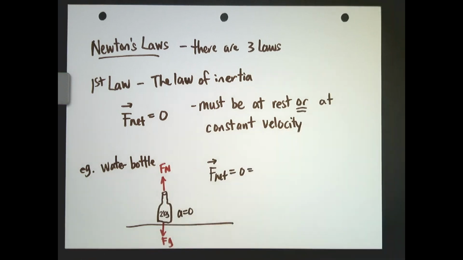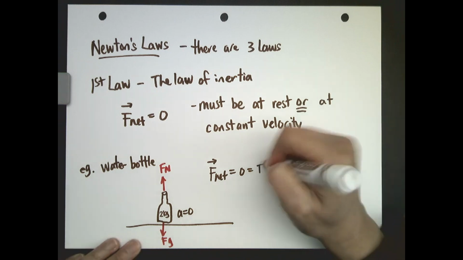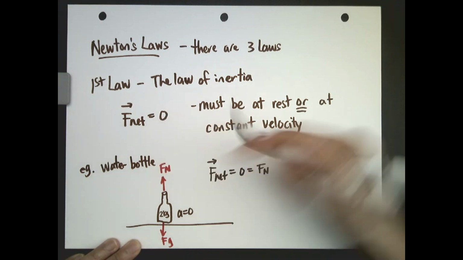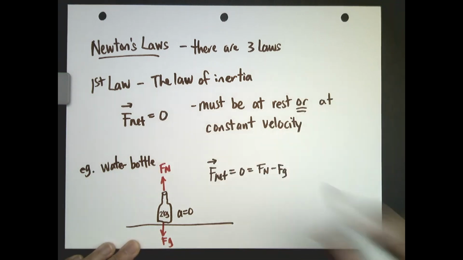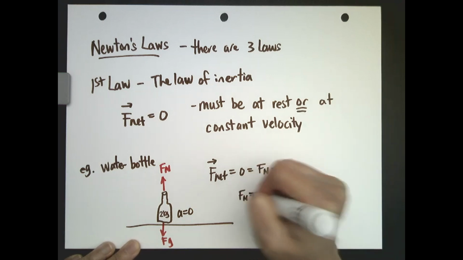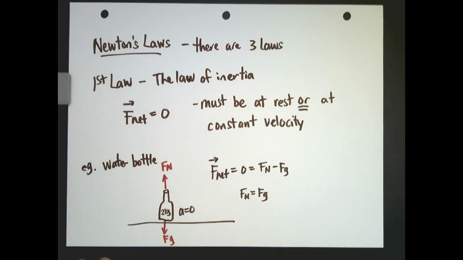And so when you fill out your force equation, then you have Fn, remember that's positive, minus Fg because Fg is down. And therefore Fn will balance out and equal Fg. So that's the easy case. Most people understand the case at rest. The next example will be the case at constant velocity.